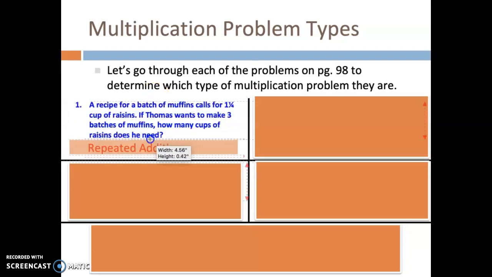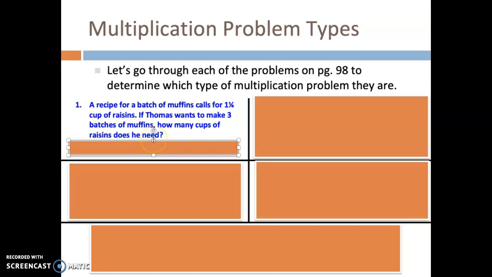Here's the first one. A recipe for a batch of muffins calls for 1 1/4 cup of raisins. If Thomas wants to make 3 batches of muffins, how many cups of raisins does he need? If this sentence problem sounds familiar, you're referencing back to lessons 9 and 10.